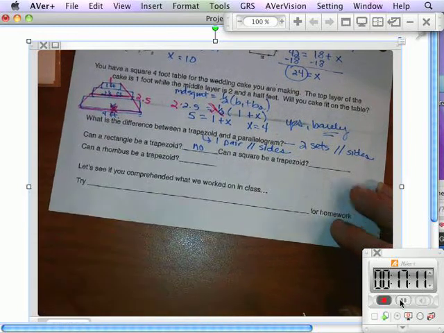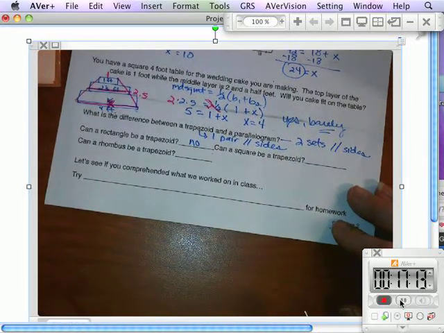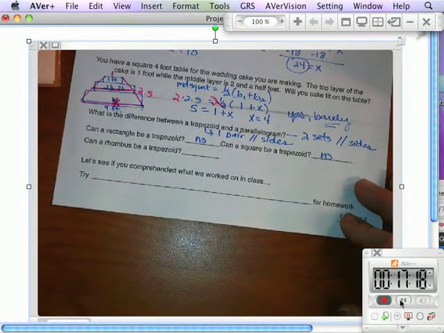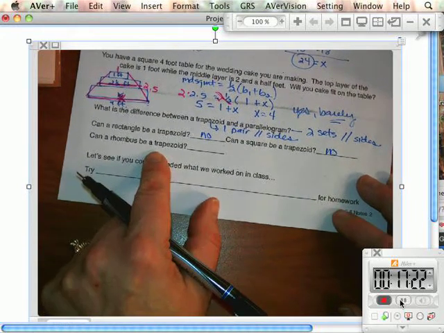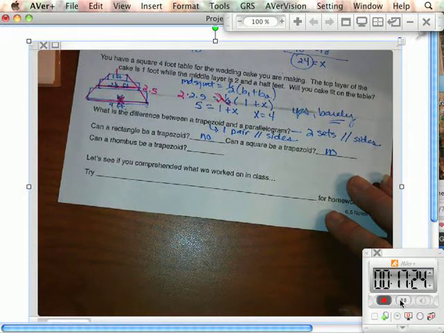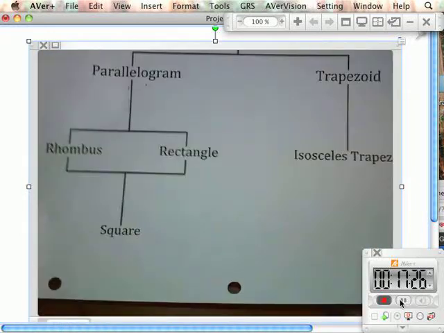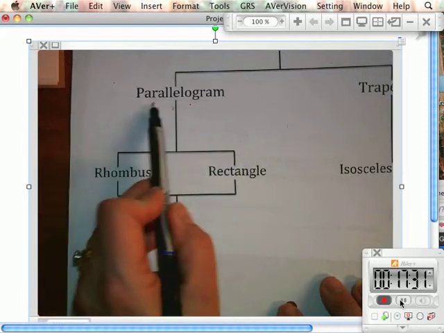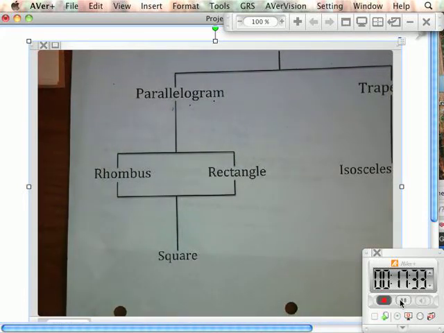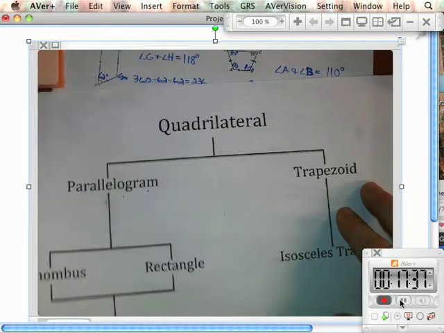Can a square be a trapezoid? No. In a square, both pairs of sides are parallel to each other. Trapezoid, they are not. Can a rhombus be a trapezoid? No. Look, all 3 of these are parallelograms, which means their opposite sides are parallel. Trapezoid is not a parallelogram. Okay? So this is a no.